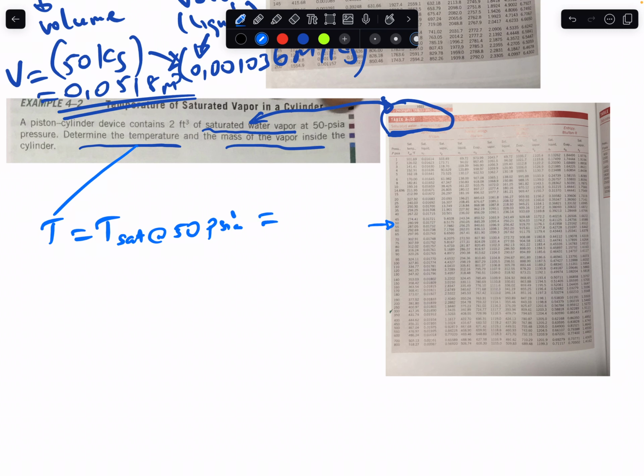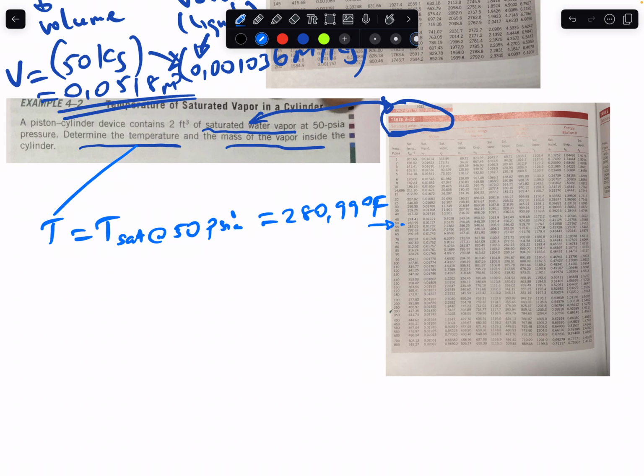And if I look at my property table, it is 280, so I didn't see clearly. I guess my eyes didn't see it right. So at 50, it is 280.99, and I see the temperature is measured in Fahrenheit.